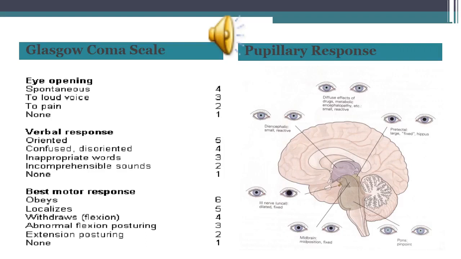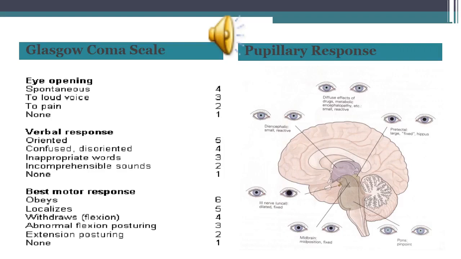Pupillary response is very important in a trauma patient. If it is small but reactive, this may indicate diencephalic injury. If both are diffusely small and reactive, it may be due to drugs or metabolic encephalopathy. If the pupils are large and fixed, it may be due to pretectal injury.